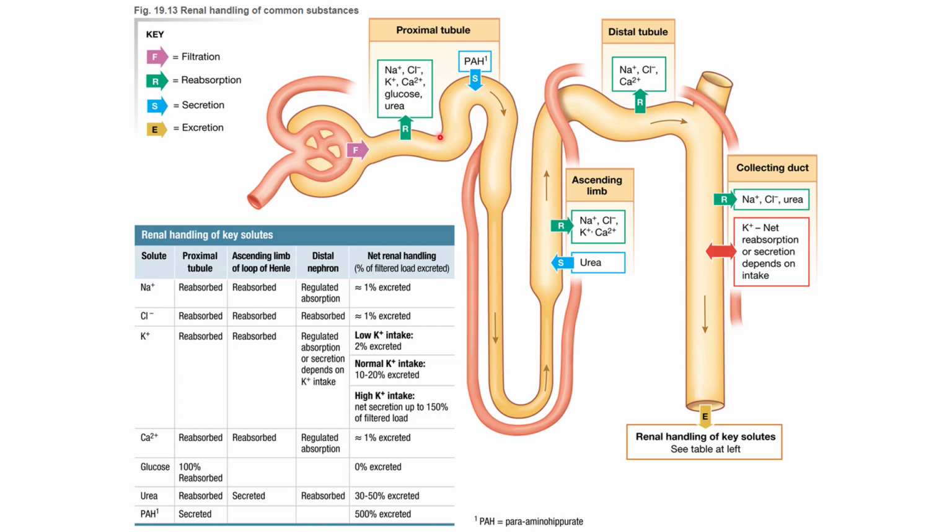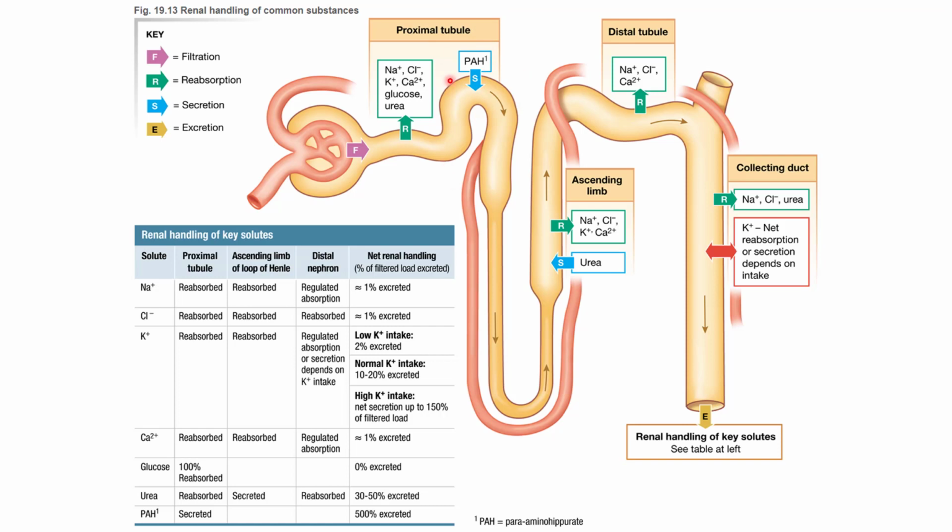Now, as soon as we move into the proximal tubule, we have some reabsorption that begins. This is where we will start to reabsorb sodium, potassium, and almost all of our glucose. Urea will be reabsorbed here. We'll also see in the proximal tubule that we'll have some secretion of an organic anion.